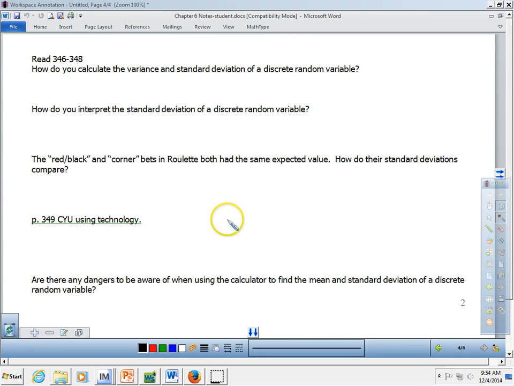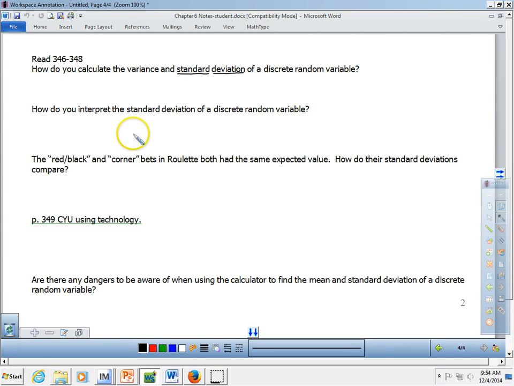It might be helpful to know each time you place that bet, on average, how much your winnings might deviate from that mean. And so we do that, and since we use the mean as our long run measure of center, then we're going to use the standard deviation to talk about that deviation from the mean. So how do you calculate the variance and standard deviation of a discrete random variable?